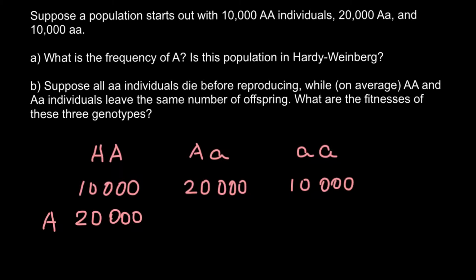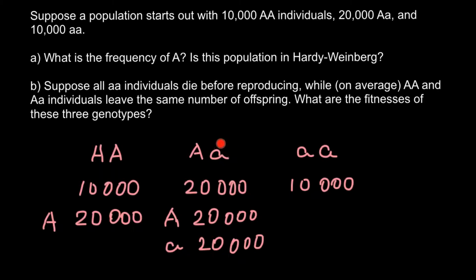So if we have 10,000 AA, that means we have 20,000 of allele A, right? Here we have 20,000 individuals whose genotype is capital A, small a. That means we have 20,000 dominant allele A and also 20,000 recessive allele a.